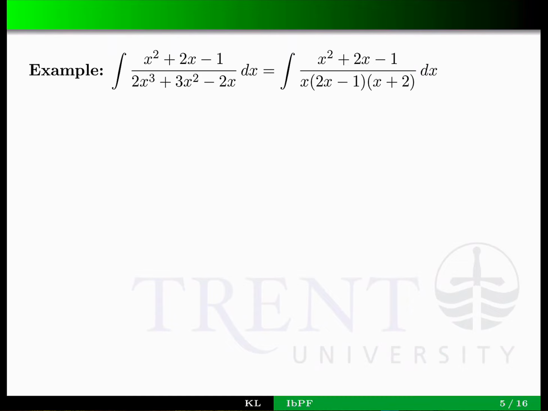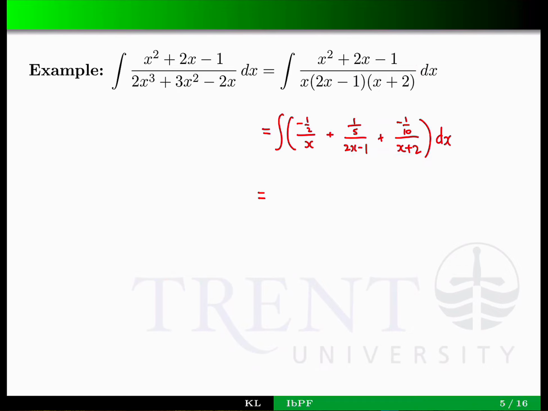So this one equals the integral of this expression, and then, of course, we got the dx.